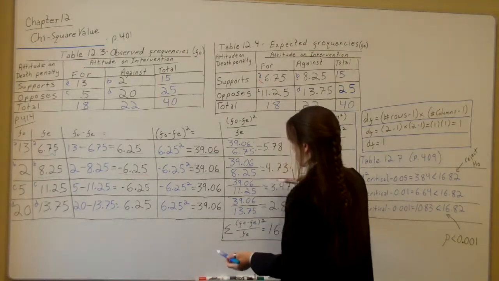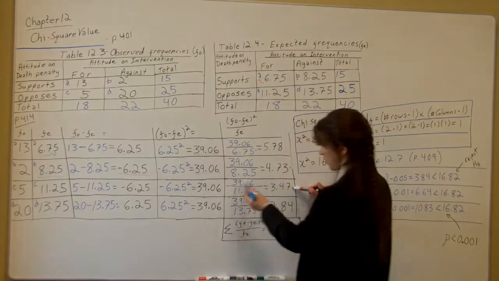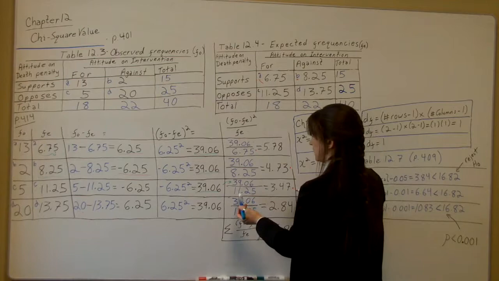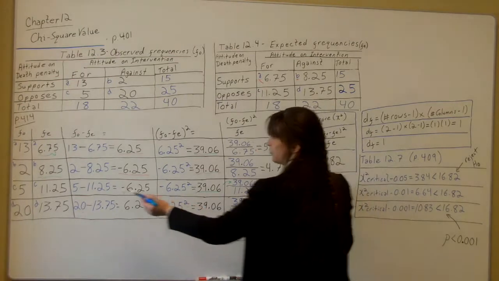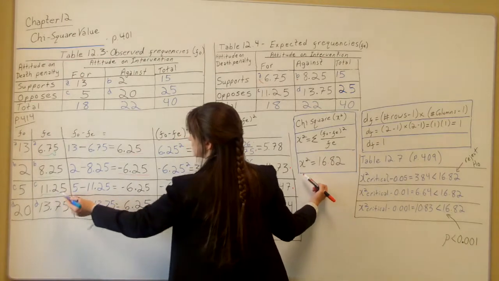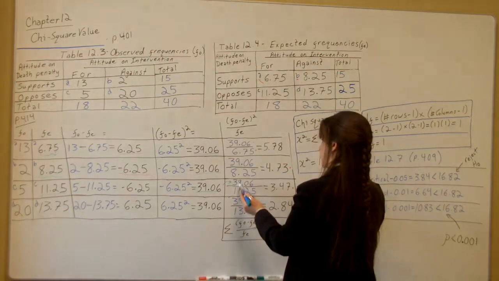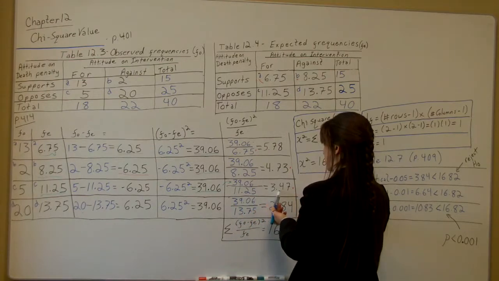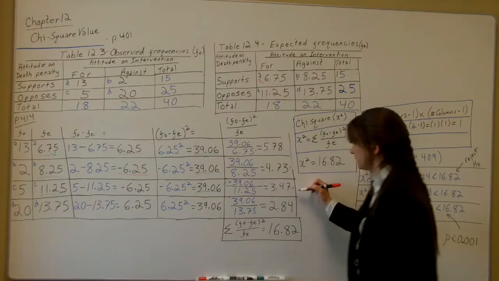For the next row, 39.06 divided by 11.25, our expected frequency across the row, equals 3.47.